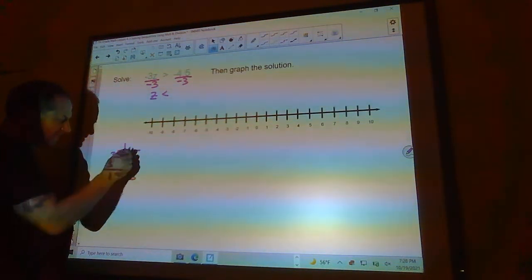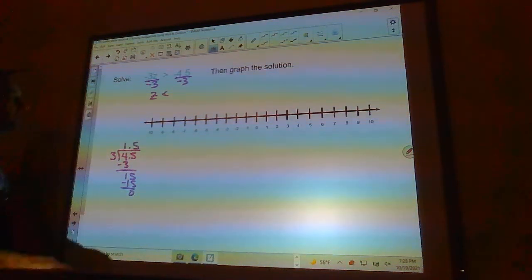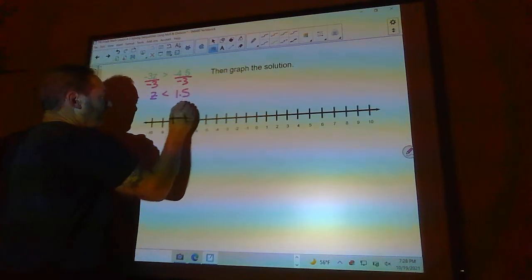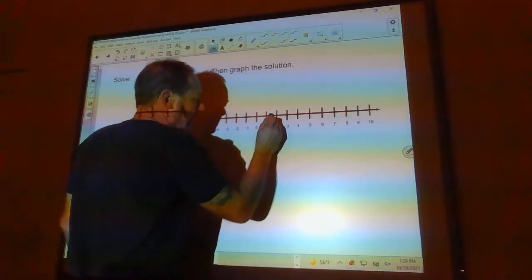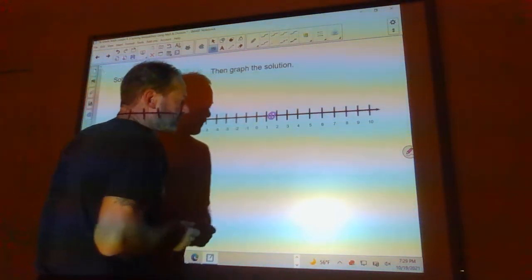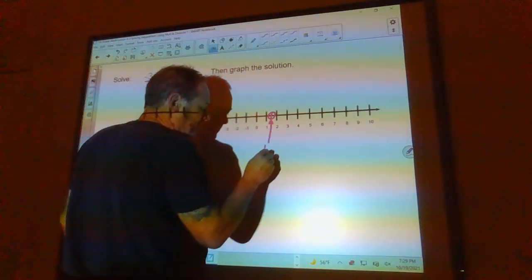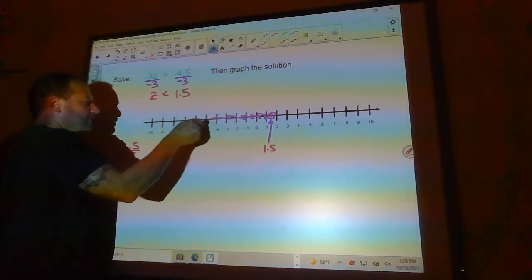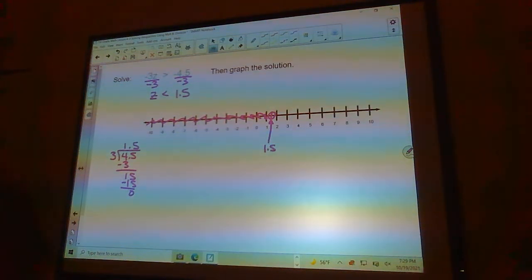Drop my 5, that's going to be 1.5. So z is going to be less than 1.5. I'm going to go over here to 1.5, which is going to be right here. Put an open circle. Since it's between the numbers, I should label it. And then I'm going to shade the less than side, which is this side over here. Piece of cake.